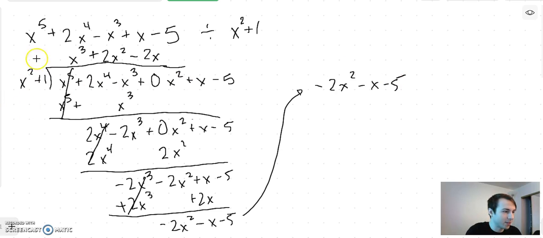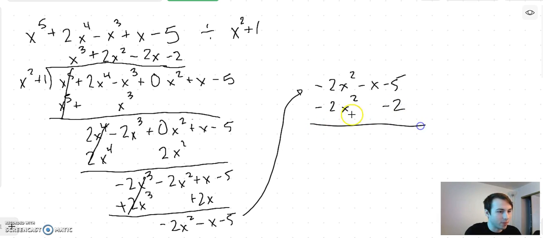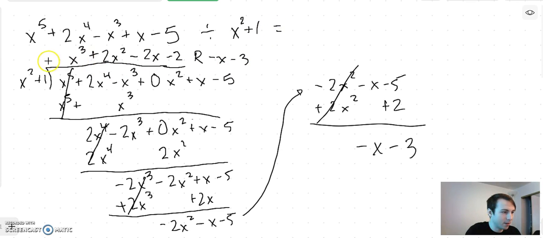Okay, then how many times does x squared go into minus 2x squared? Well, that's minus 2. So multiply that: minus 2x squared minus 2. We're subtracting, so we'll just change these two positives and add down the column. These cancel. Minus x minus 3. So that's our remainder. So our final answer then is all this stuff, and then we can write the remainder as a fraction.